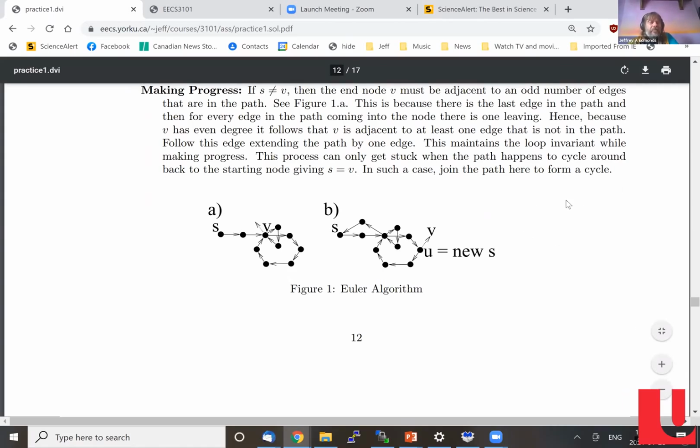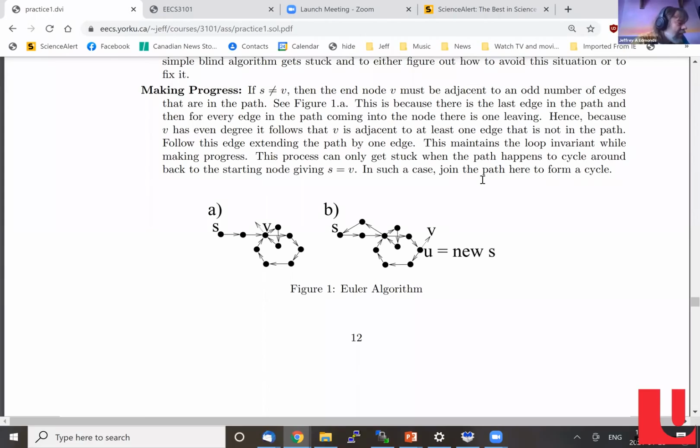Maybe there's some graph over here and some graph over here, and there's no edges going between them, right? Well, in that case, clearly you can't visit all the edges, because you can't get from one component to the other. So Euler makes two requirements. He says that every node is even degree, but he also says that the graph is connected, right?